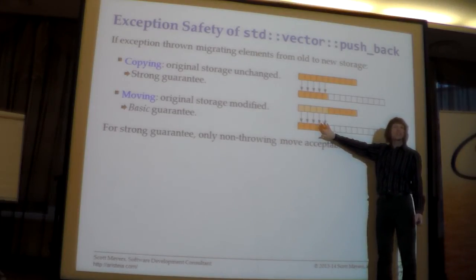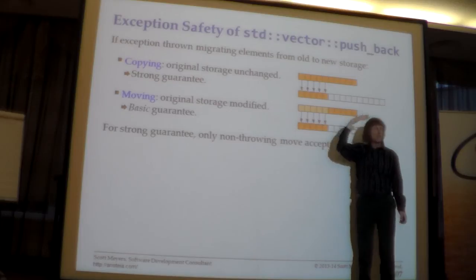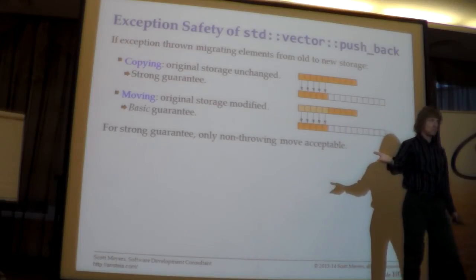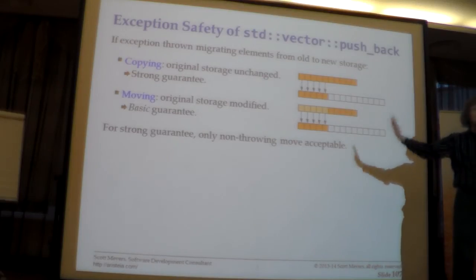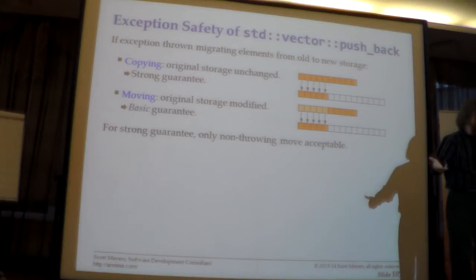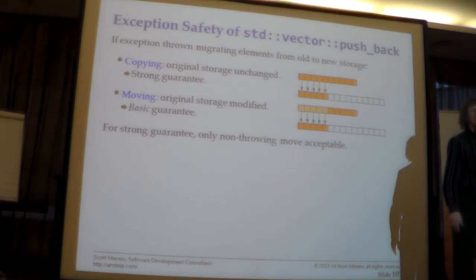If you have a move operation that might throw, it won't even be called, you'll do copies instead. Which means if you have a move operation in your class, it still might not be called. In particular, under certain conditions, inside vector, inside some other STL containers, if you have a move operation and it isn't declared that it won't throw, then your function might not be called. You might get a copy instead.